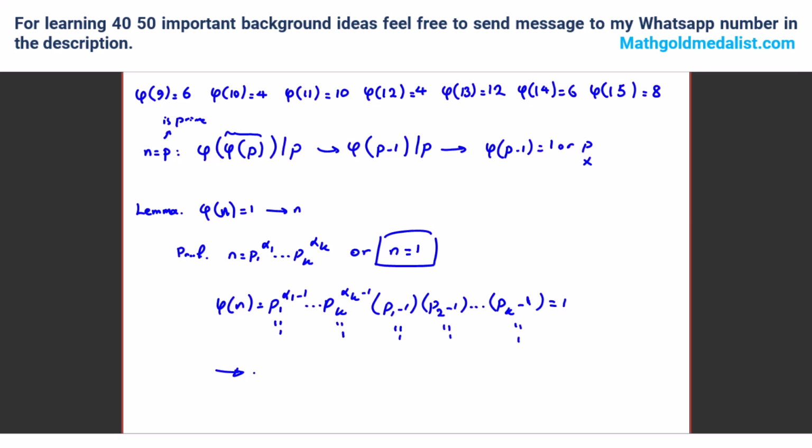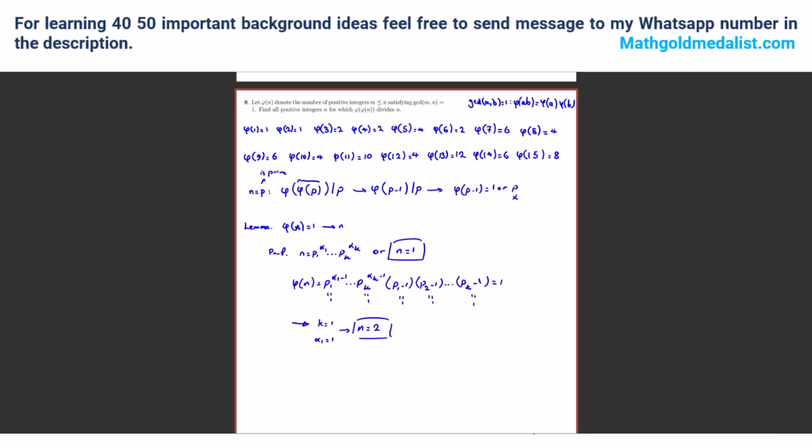Just one prime, so k is 1, and alpha 1 is 1. So n is 2 only, right? One prime, the power of the prime is 1, and p1 is 2. So only n equals 1 and 2 are answers, right?